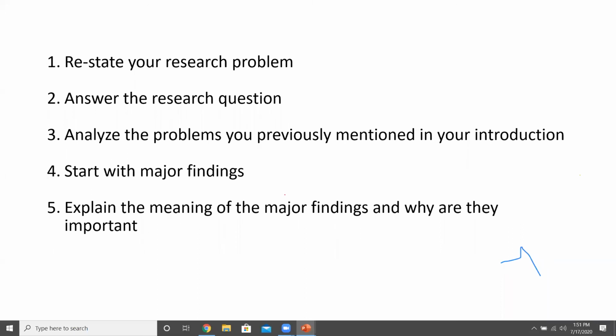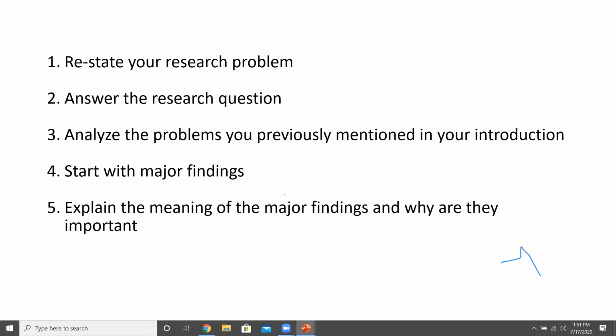Because if you start with tiny minor findings, the reader will be like, I don't think this is what the research is about actually. I don't think the research is about age and mortality. I think the research is about this drug and its side effects.